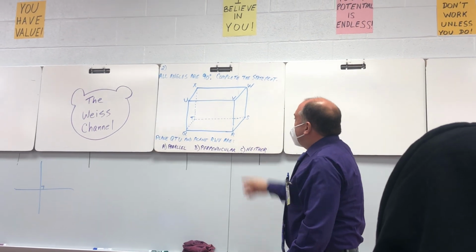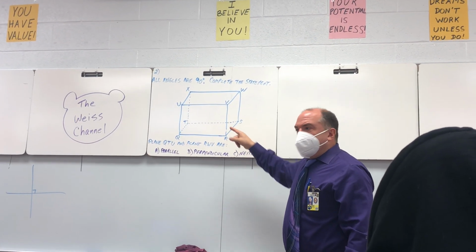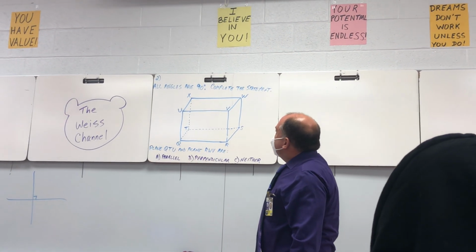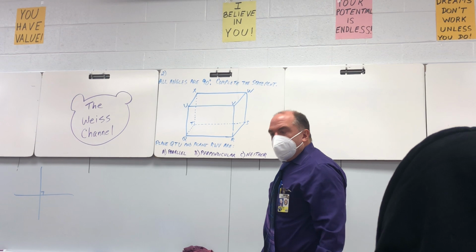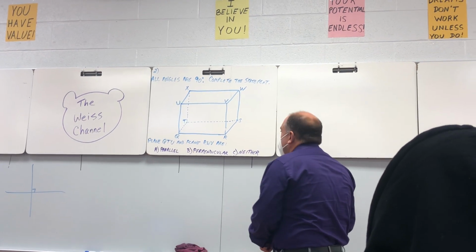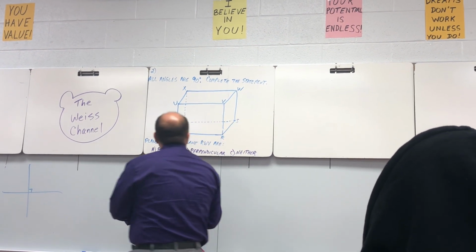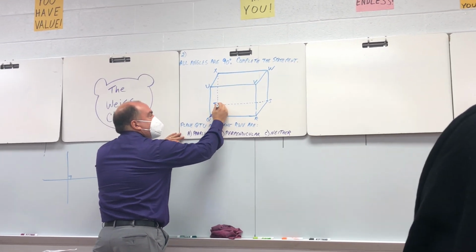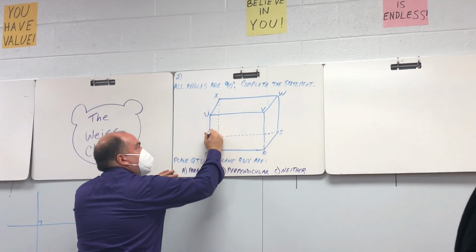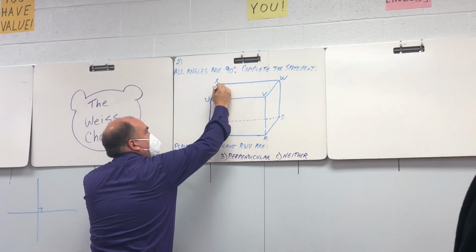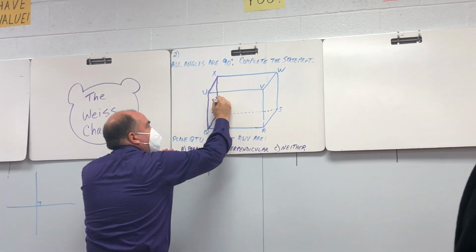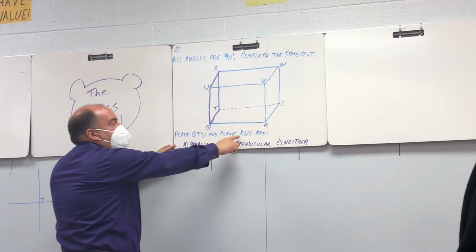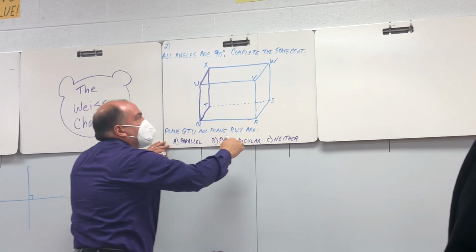Complete the statement. Again, all angles are 90 degrees. Plane QTU. What's QTU? I'm going to show you. Here's Q, here's T, here's U. So it's this plane over here. And plane RWV.